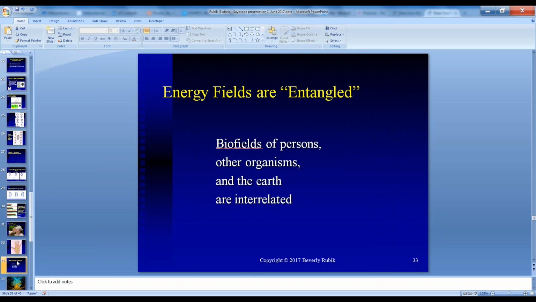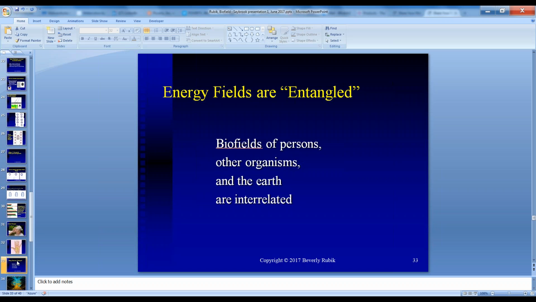Now moving along, our energy fields are not so individualized, but they're entangled. You may have heard the term quantum entanglement. It's kind of a buzzword among people who talk about non-local mind, and people like Dean Radin actively studying the influence of the mind and parapsychology.